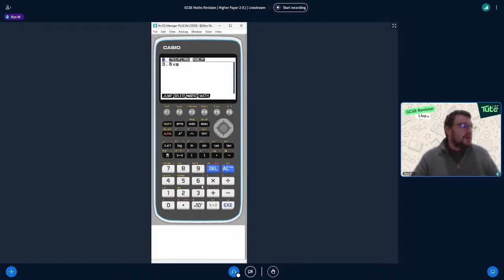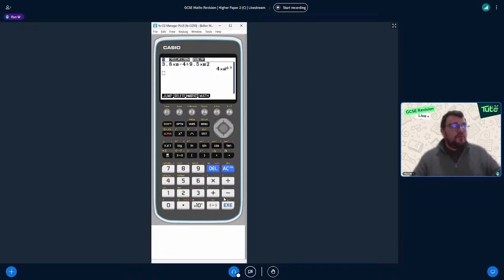Some calculators may vary. So all I need to do now is put -4 in there because that was the question, and then divide by 9.5. And again, standard index form button, times 10 to the 2. So all I need to do there is put a little 2 in there, and then press the answer button.